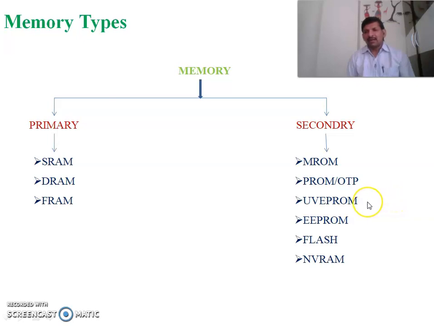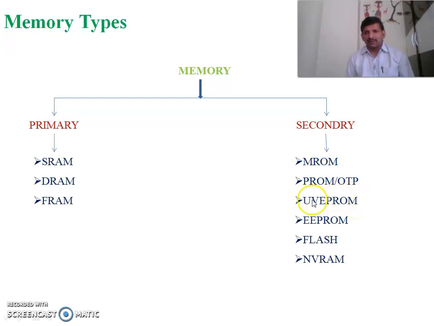Then the data will be erased. The advantage is that we can erase the data and rewrite it any number of times. During the development stage it is very useful, because the code is updated repeatedly until we get the desired outputs. So if you want to modify the code in the CDs, we can use this erasable programmable read-only memory.